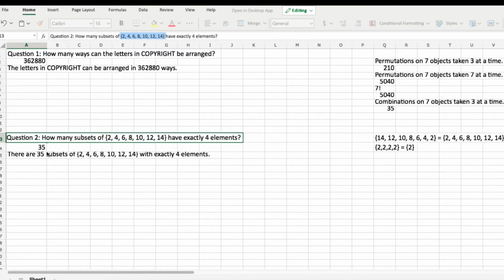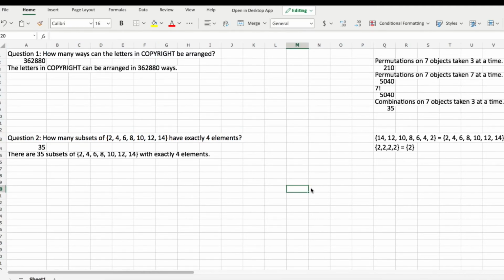So let's look at some examples here. For example, if I were to say, how about the subset that contains 2, 4, 6, and 8? Well, that would correspond to the leftover subset of 10, 12, and 14. Okay, what if I looked at a different subset?